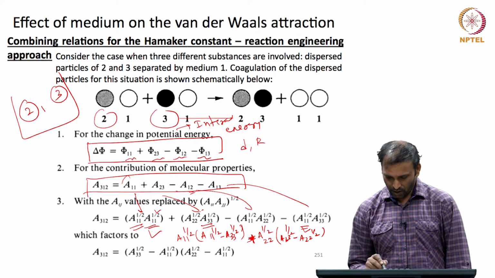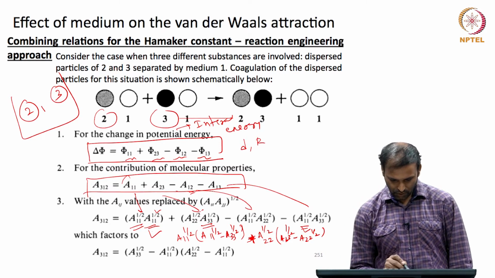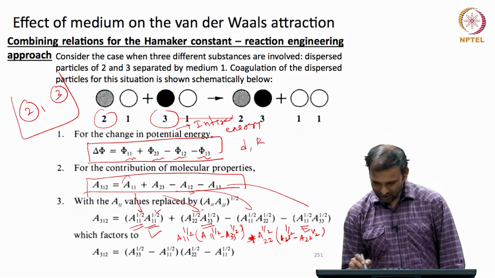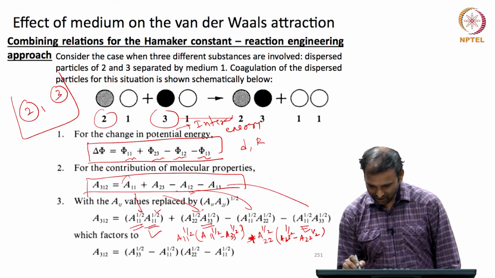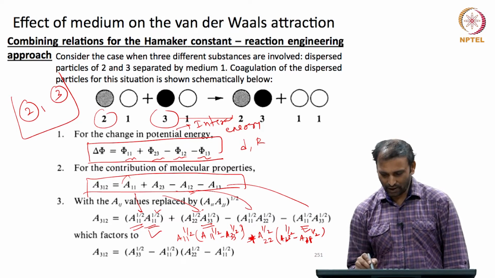Now, what I can do is, this is A33, this is A11. And I can rearrange this.